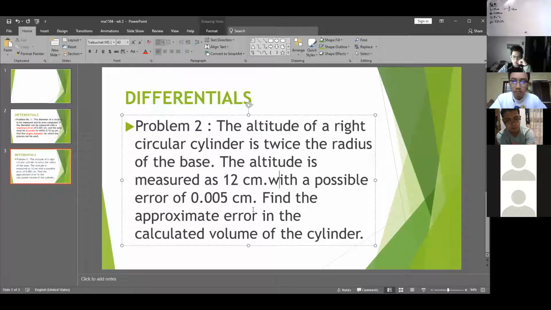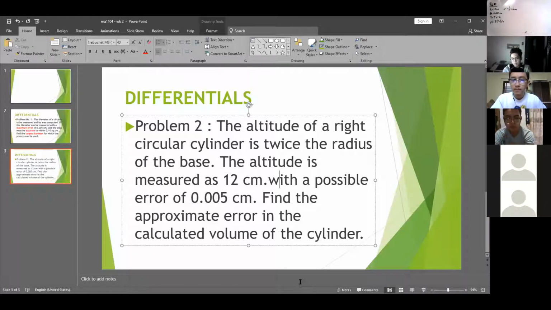So we differentiated the volume relative to the height. So dV equals pi 2r dh. The possible error in the height is 0.005 centimeter according to the problem.